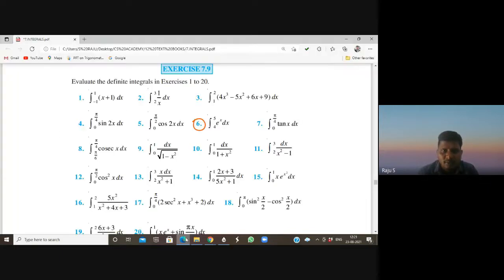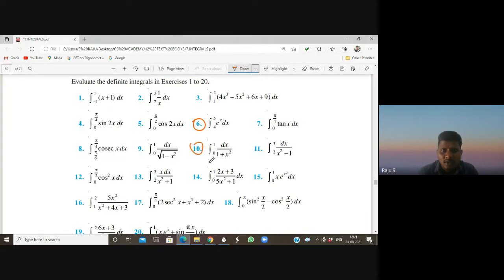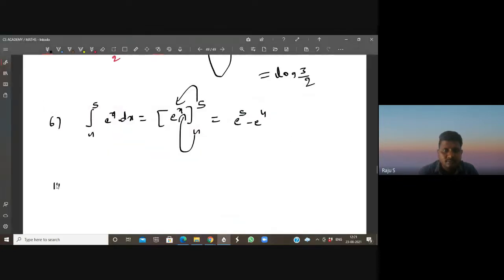Let us see one more question, like for example the 10th question, 0 to 1 dx by 1 plus x square. What about the formula? Just forget about the limits. This is directly a standard formula. This is clearly tan inverse x.